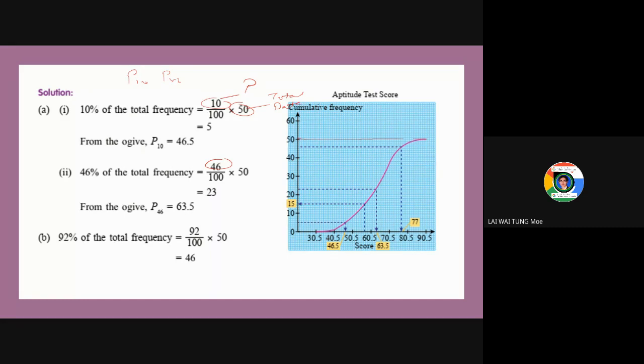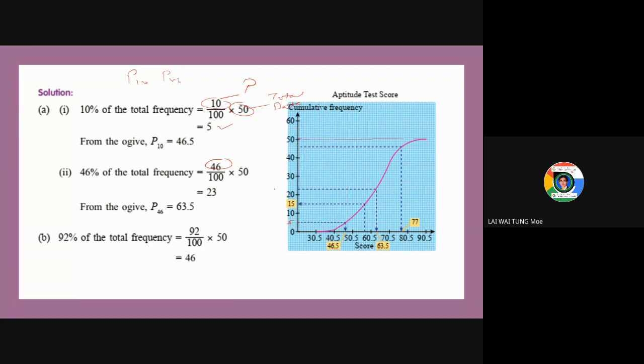So this is the formula: take P over 100 times total data. What you get is 5. So from the ORGIF, for P10, you have to find where your 5 is. 5 is actually here.